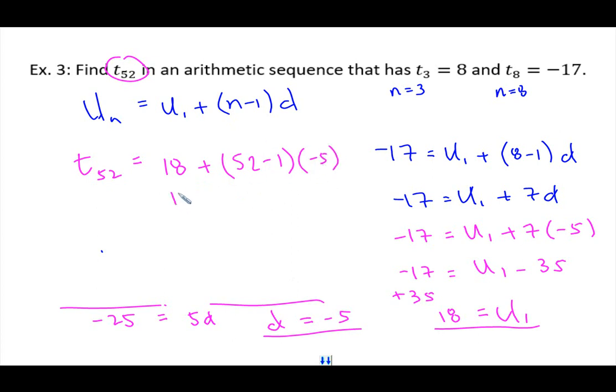So if you work all this out, this is 18 plus 51 times negative 5. So 51 times negative 5, we get negative 255. So our 52nd term, negative 255 plus 18, that's going to give us negative 237.